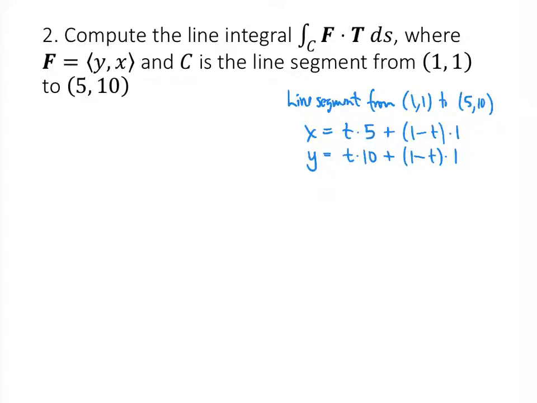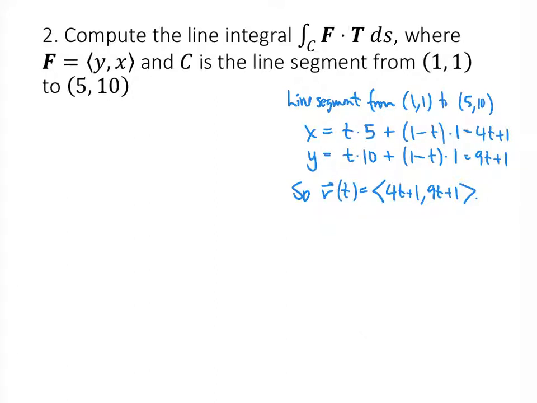When we work all this out, what we end up with is 4t plus 1 for my x component, and 9t plus 1 for the y component. So that means the parameterization we're going to use is r of t equals the vector 4t plus 1 comma 9t plus 1.